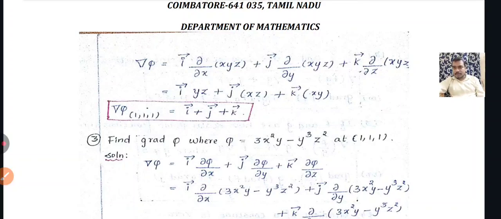The solution of del pi is i into yz plus j into xz plus k into xy. Therefore, del pi at the point 1 comma 1 comma 1, substituting x, y, z as 1 comma 1 comma 1, gives i vector plus j vector plus k vector.